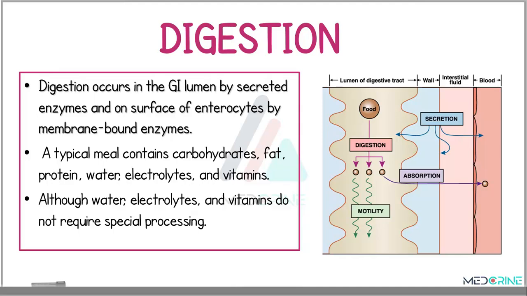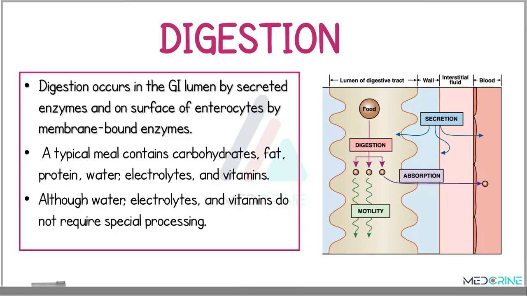What is digestion and how does it occur? Digestion occurs in the GI lumen by secreted enzymes and on the surface of enterocytes by membrane-bound enzymes. A typical meal contains carbohydrates, fats, proteins, water, electrolytes, and vitamins.